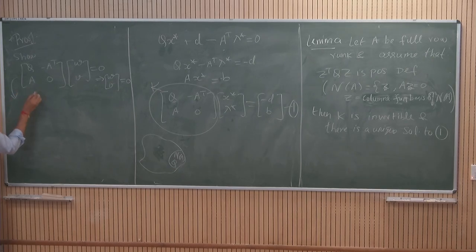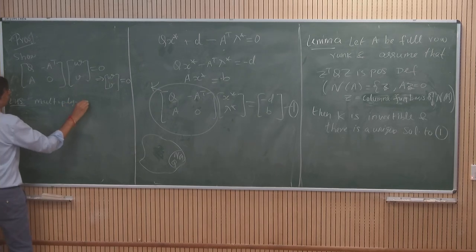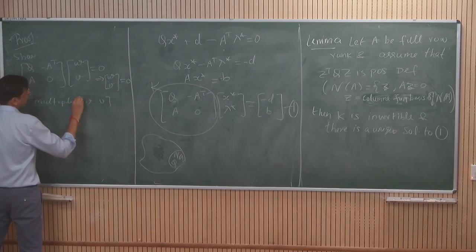So let's try to work it out. We'll write the first equation. So it's QW minus A transpose V is equal to 0. Okay. So what we'll do is, we'll take the left hand side here and multiply with (W, V) transpose on both sides.